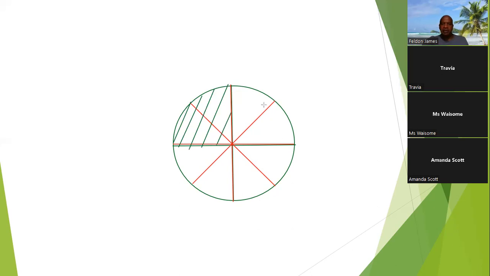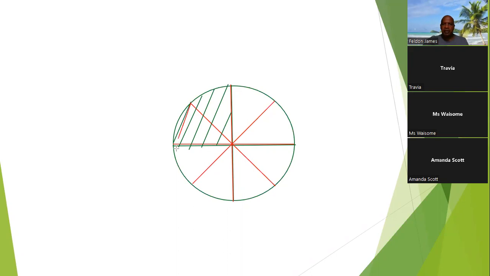But we notice that when it is cut up into 4 equal parts, this part would be 1 part out of 4. But when you cut it up into 8 equal parts, we realize that the 1 part out of 4 is cut into 2 parts to give you 2 parts of 8.